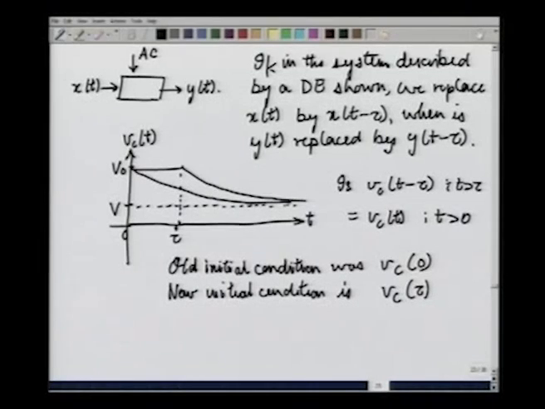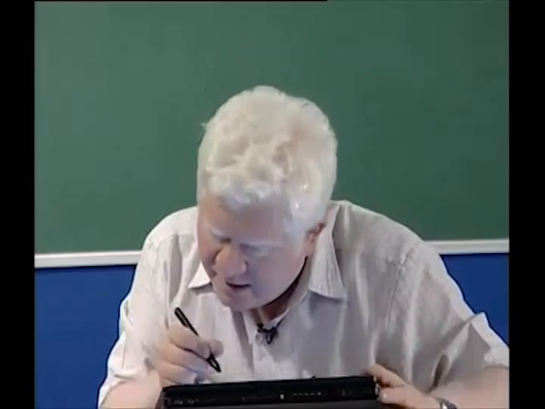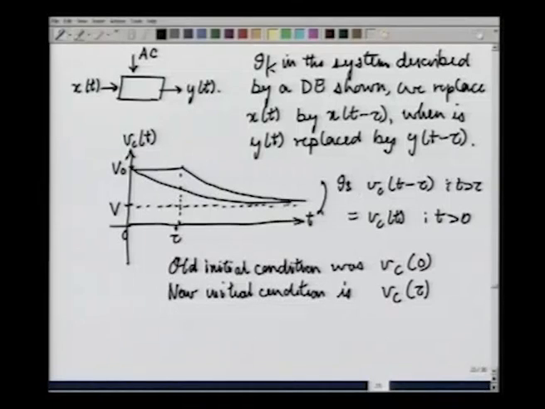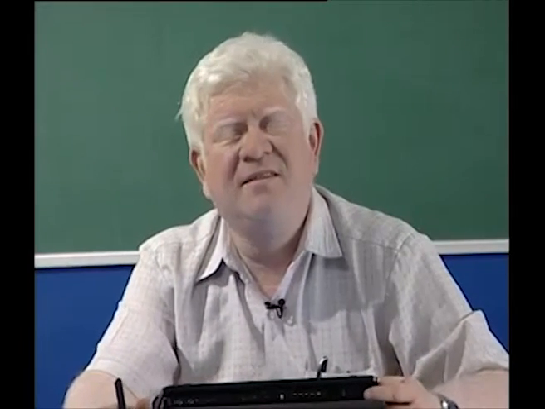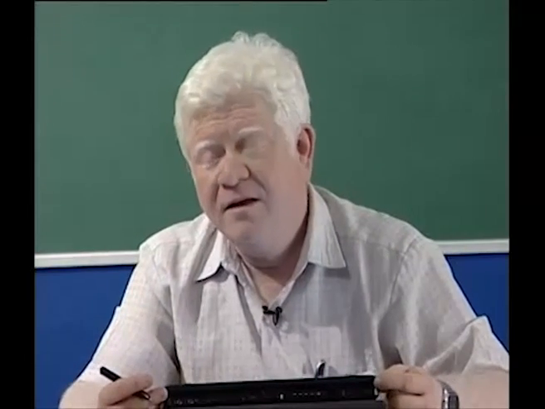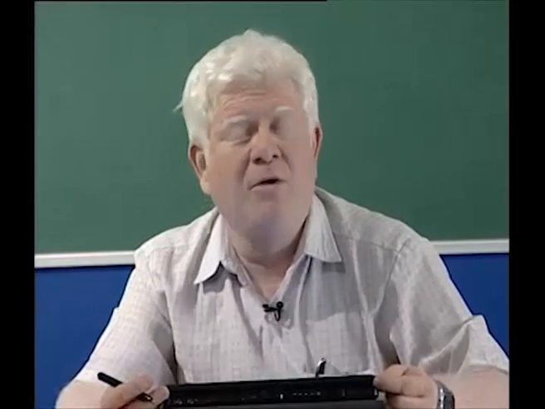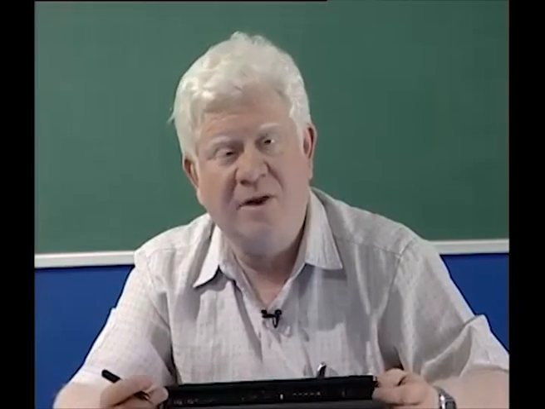Having done this, it does turn out that this property is satisfied, that the system is behaving as a time invariant system. This at least suggests that certain things need to be done about the auxiliary condition as well.